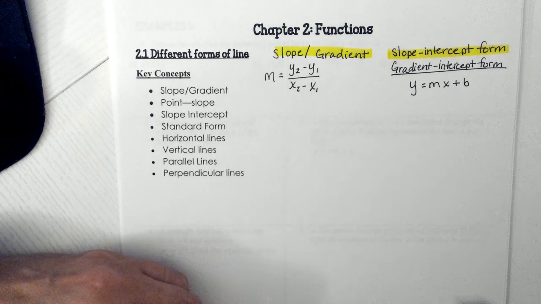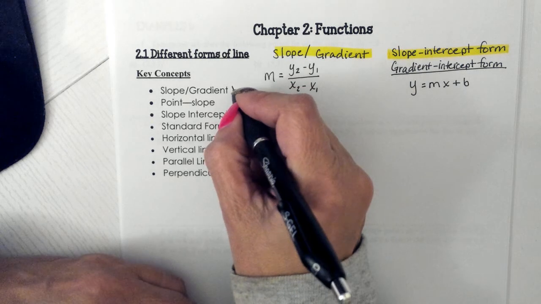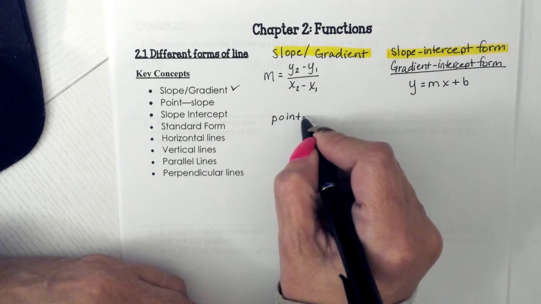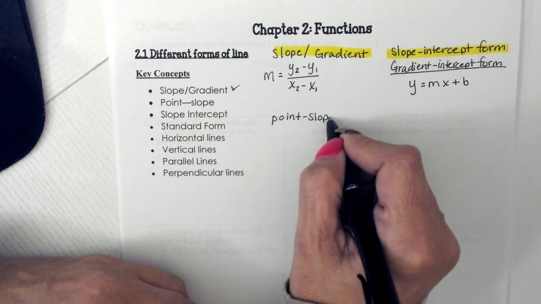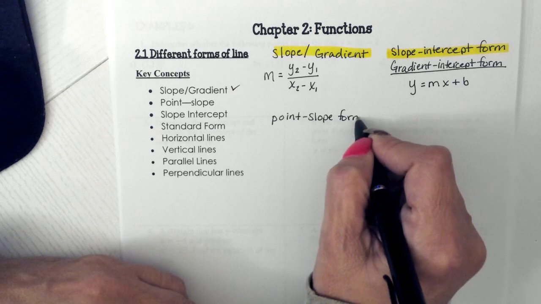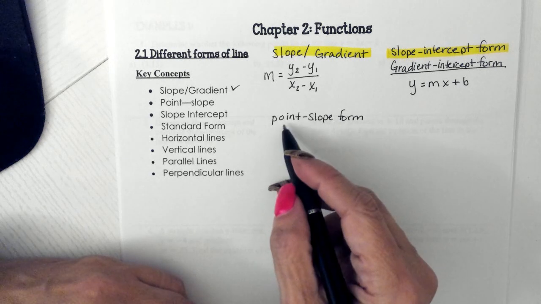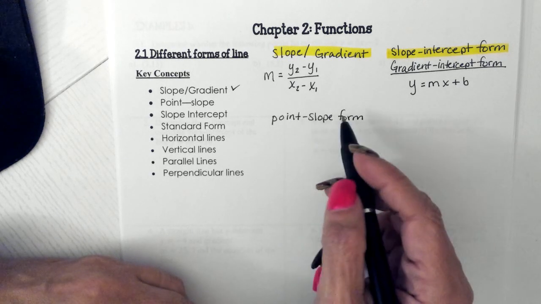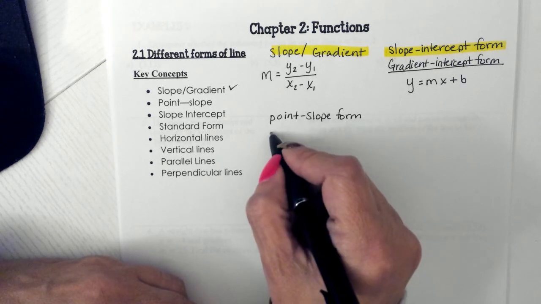All right, another one that we had, so we've now done this one. Let's do point slope. Well, if you remember, point slope form, well, we need to change it to point gradient or gradient point, whichever way they happen to say it.